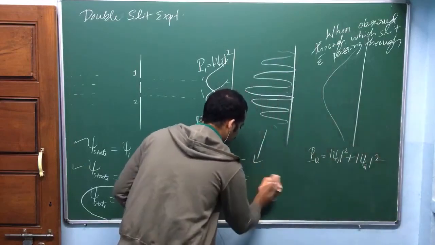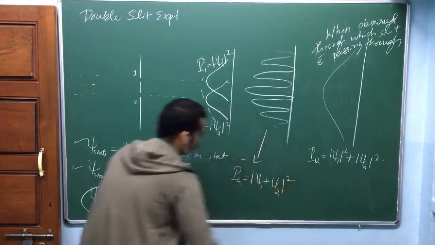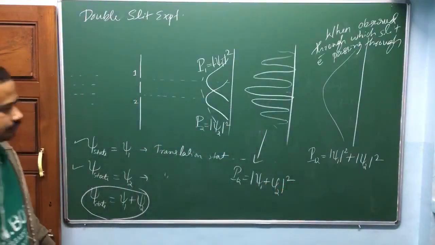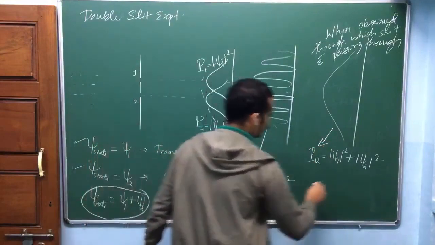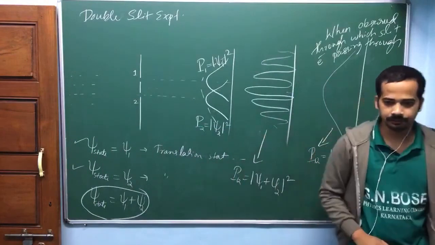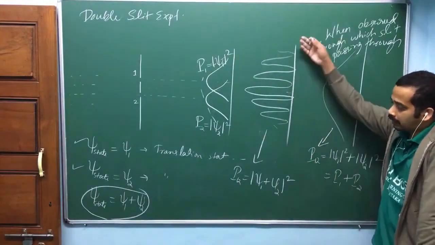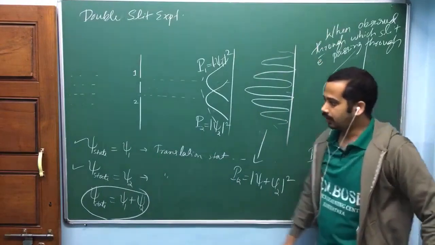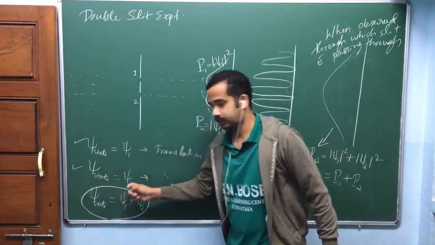Earlier it was mod of psi 1 plus psi 2 the whole square. Now it is just the merging of these two patterns, equal to P1 plus P2. Is that okay? When you observe the electrons reaching the screen, you will get the state of the electron as either psi 1 or psi 2.